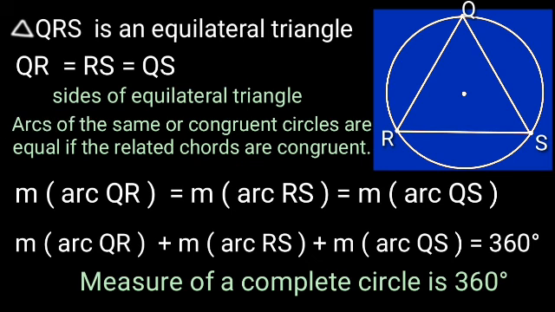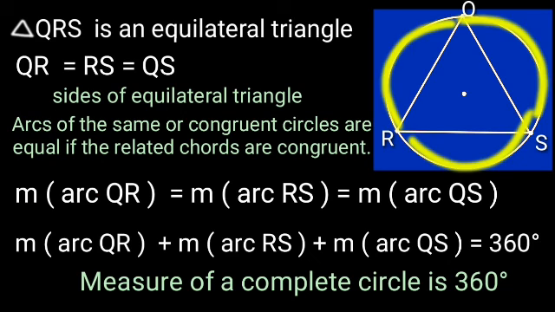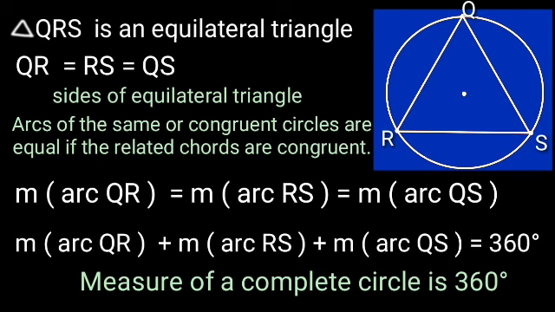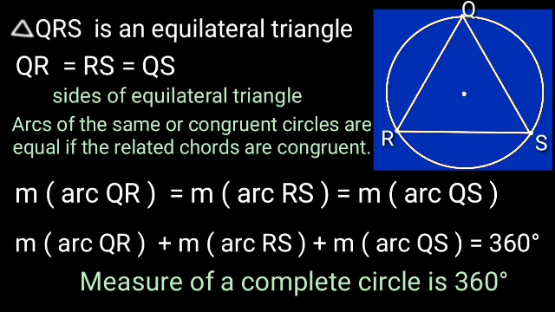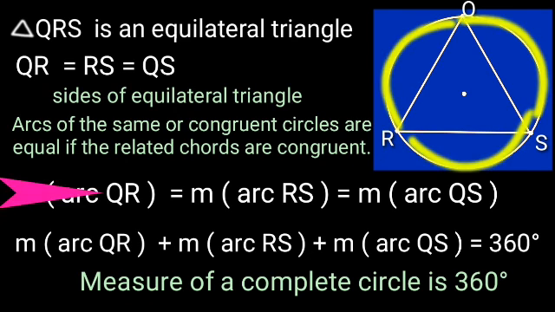Related chords are congruent, hence the arcs will be the same. Measure of arc QR is equal to measure of arc RS is equal to measure of arc QS.